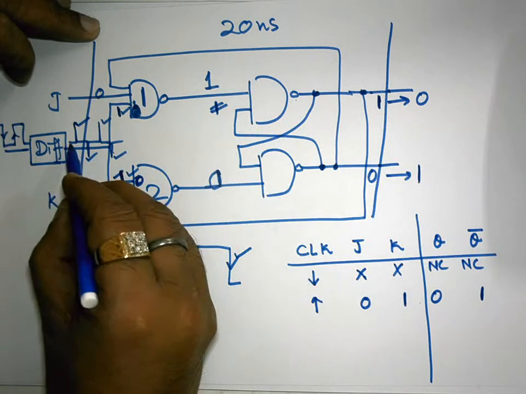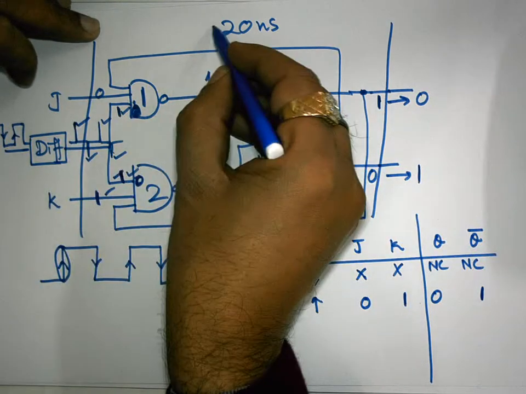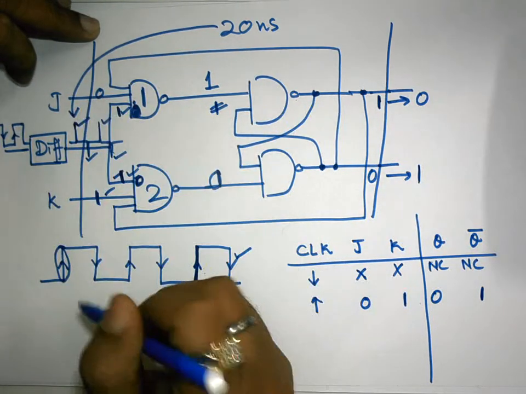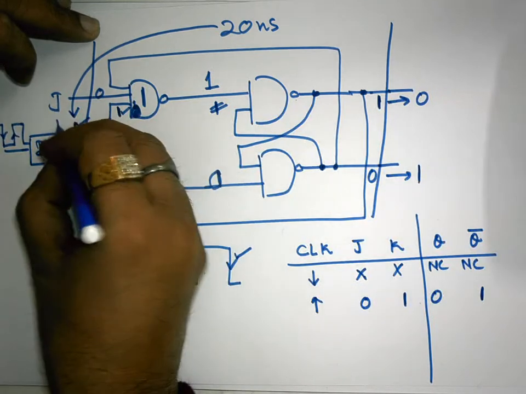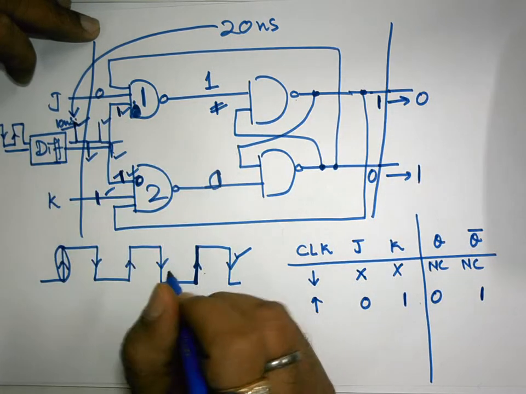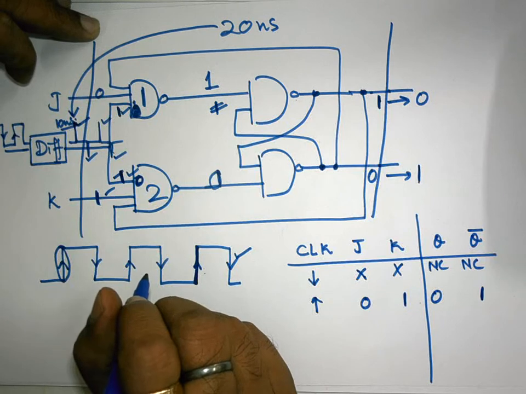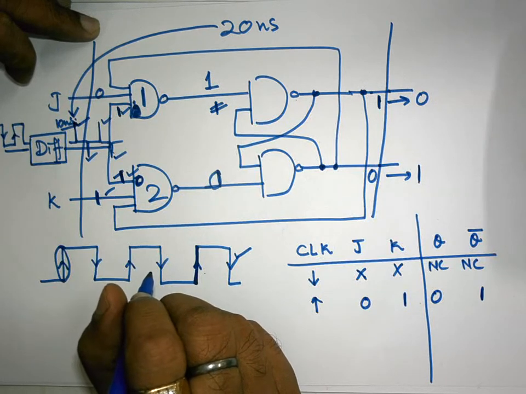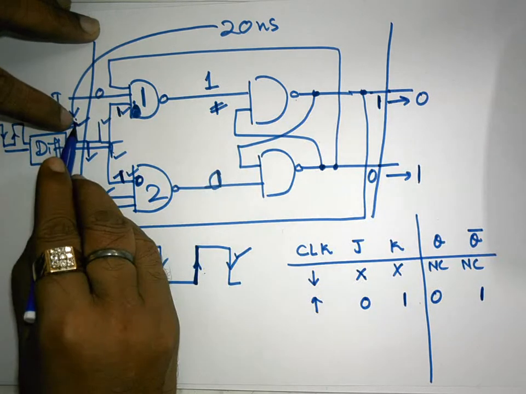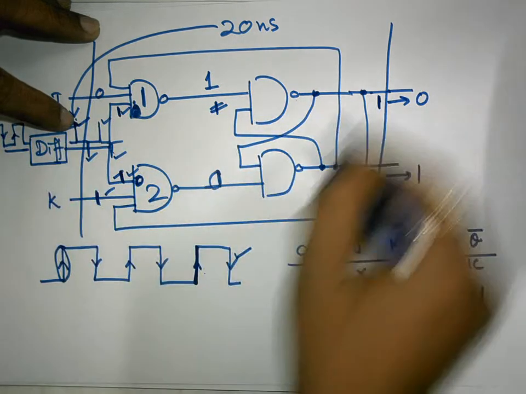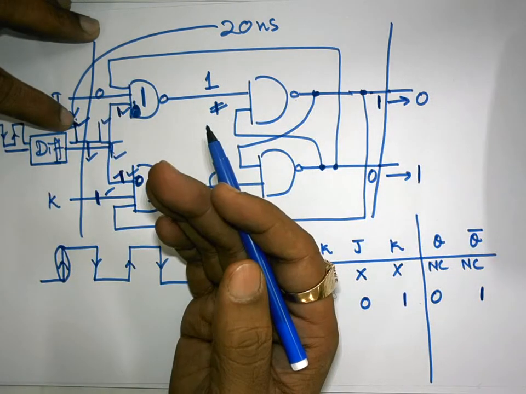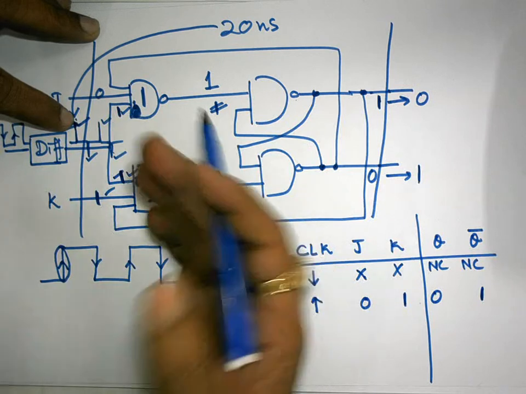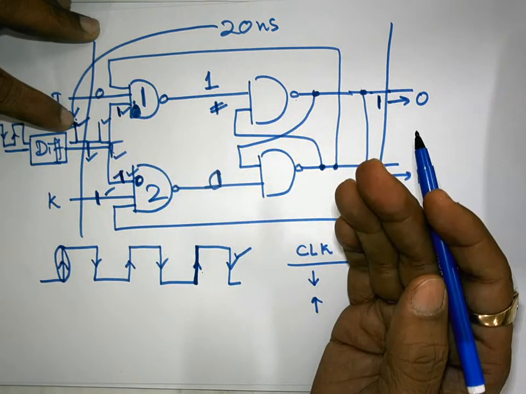So we will make this clock duration less than this 20 nanosecond, and it is made about 10 nanosecond. This RC circuit is chosen so that it happens to be about 10 nanosecond. So just after 10 nanosecond it will die, and any further feedback from output is not going to show any effect for further change. Getting my point?